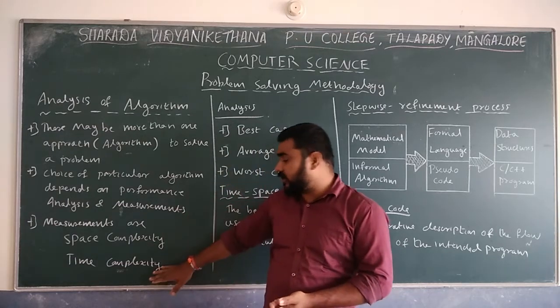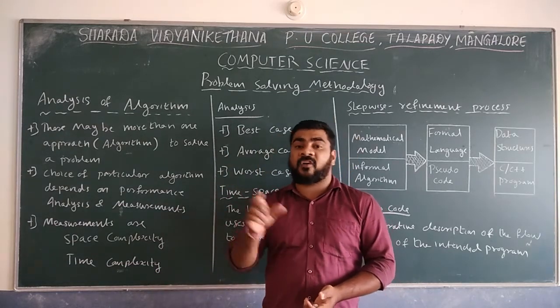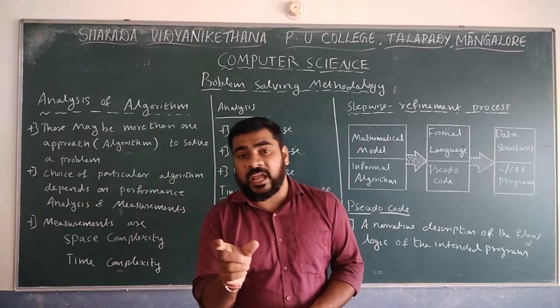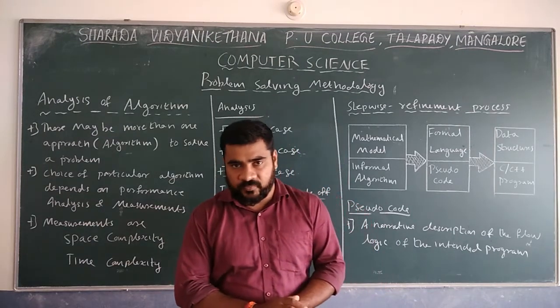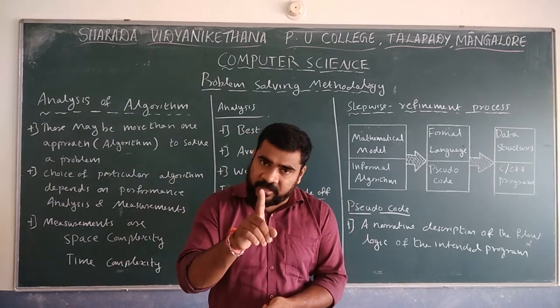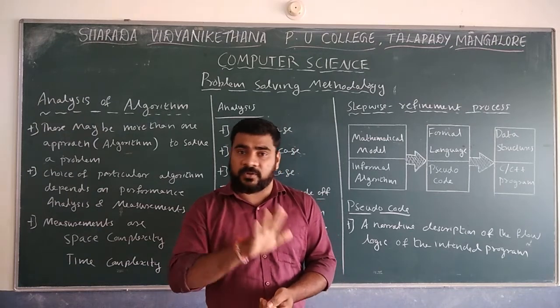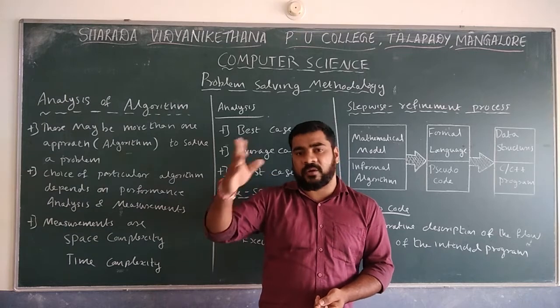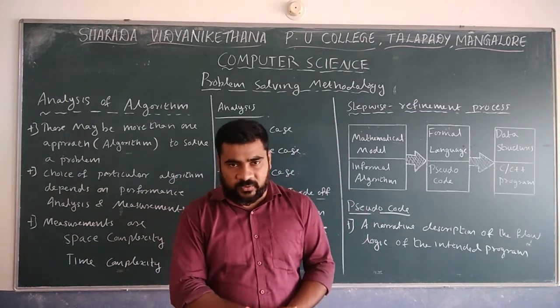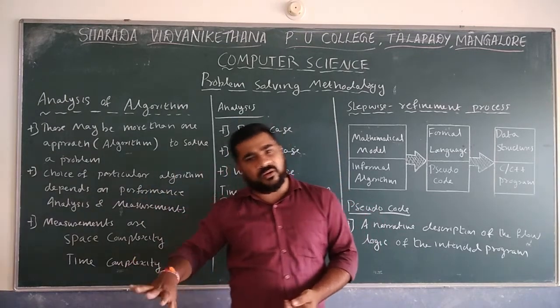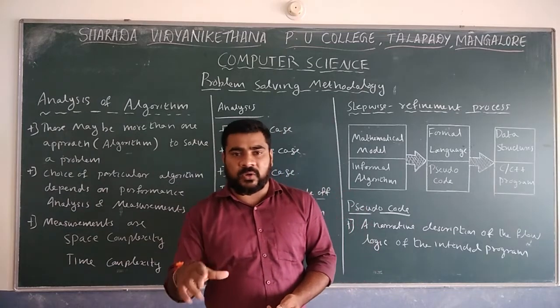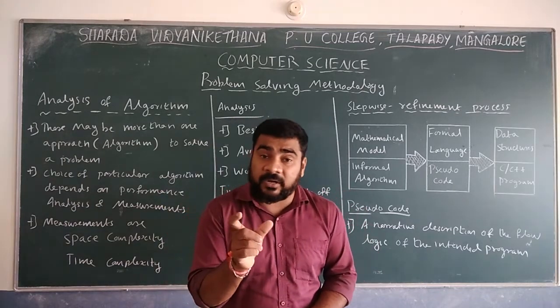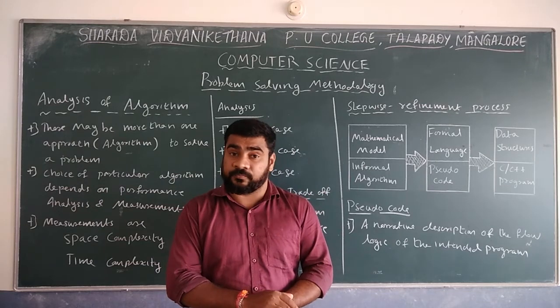Next one is time complexity. Time complexity means the total time required to execute. Remember, an algorithm is not possible to execute directly, but you can consider the algorithm because after the algorithm you convert it into coding, and that coding is executed. So if you are writing an algorithm, what is the total time required to execute that particular algorithm?